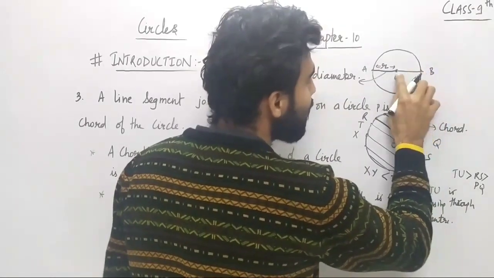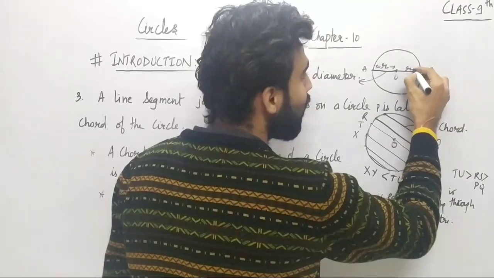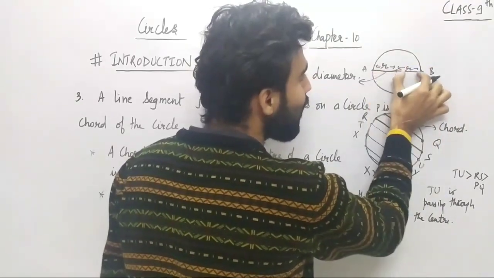So you can see this distance is r. If I draw this distance again here, you can see this distance from here to here is also the radius, and these are equal in length.